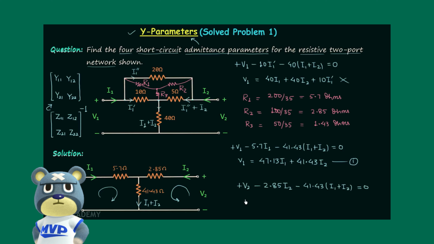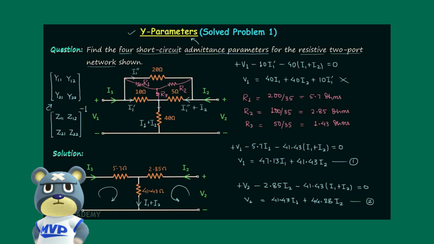From here we will have voltage V2 equal to 41.43 times current I1 plus 44.28 times current I2. This is equation number 2.